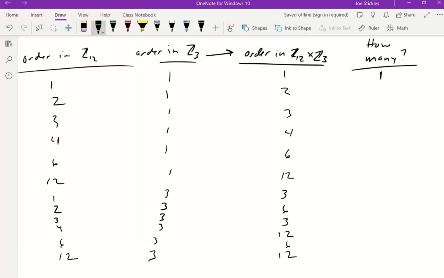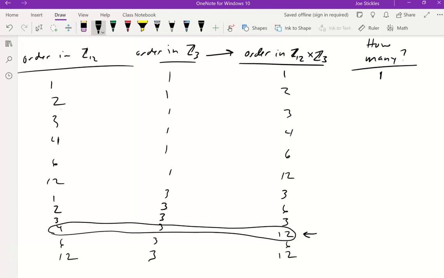Let's say I wanted to do this one right here. I pair an element of order 4 with an element of order 3. In Z12, how many elements of order 4 are there? 2.